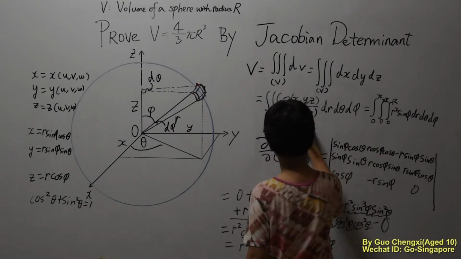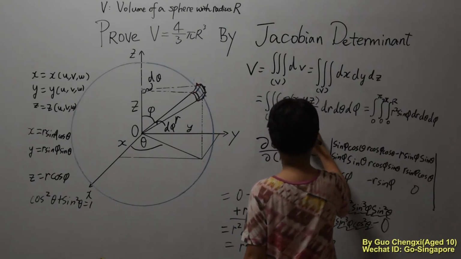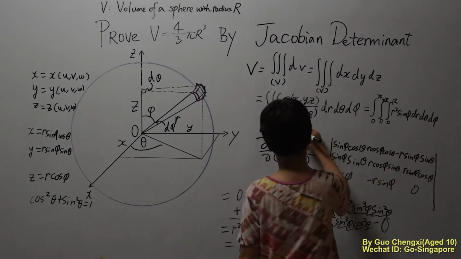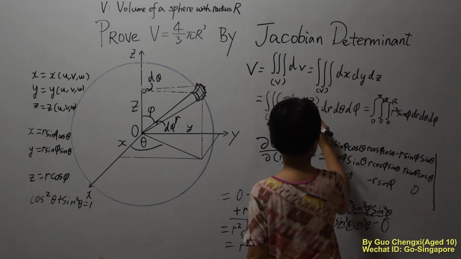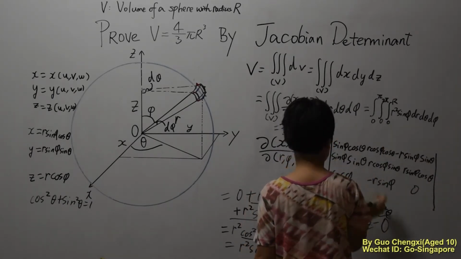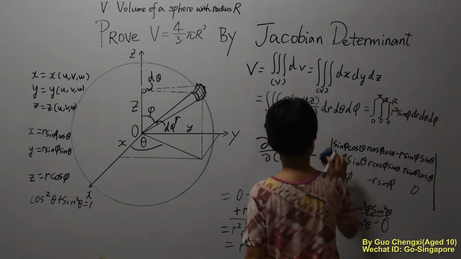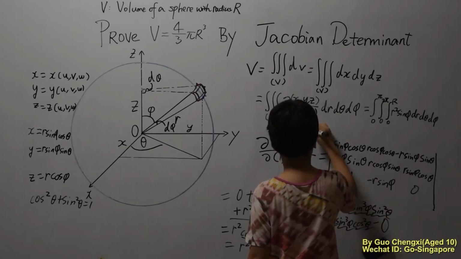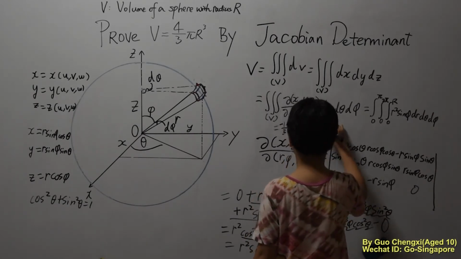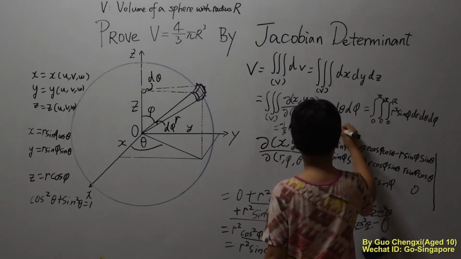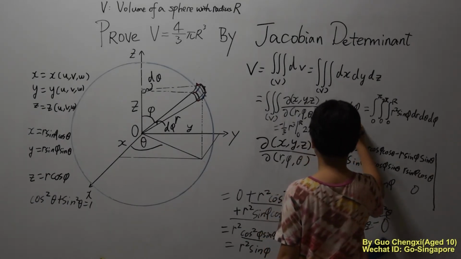Then for this part, later I'll tell you why it's a negative over here. 0 to r, then after that, then 2 pi, then times, over here, cosine phi 0 to pi.